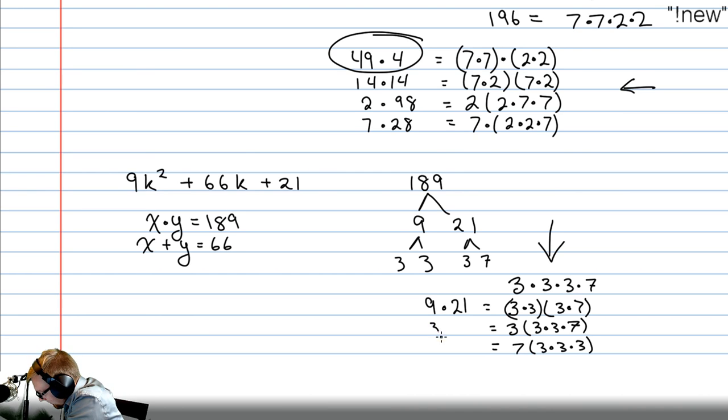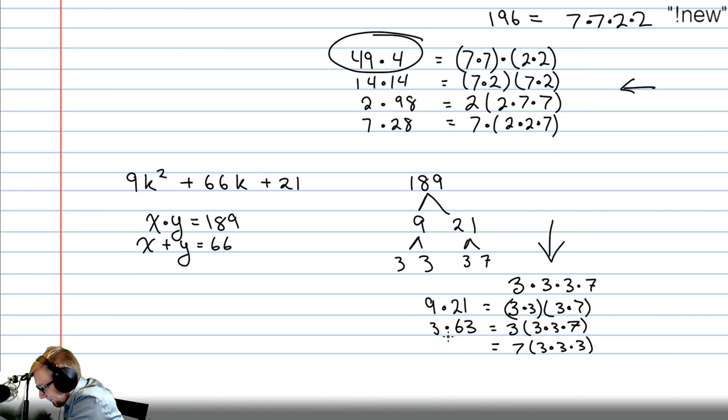You get... let's see, 3 times 27. And what's 9 times 7? 63. Yeah, there you go.